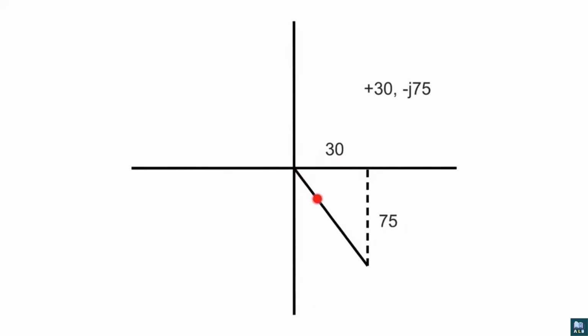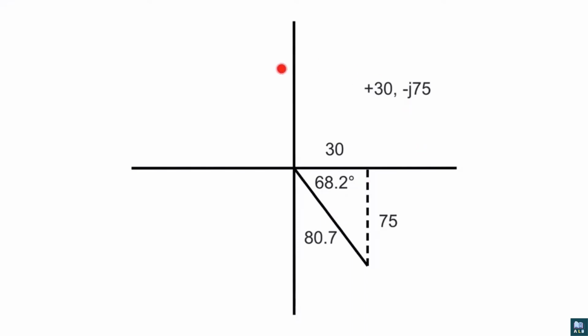Using Pythagoras, we figure out my resultant, 80.7. Now we work out our angle here: 68.2 degrees. So we've got a resultant of 80.7, and this little angle in here is 68.2 degrees.